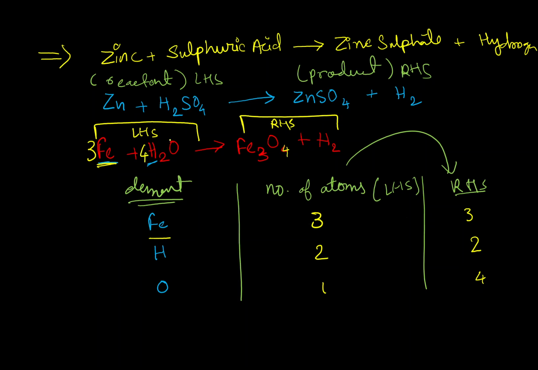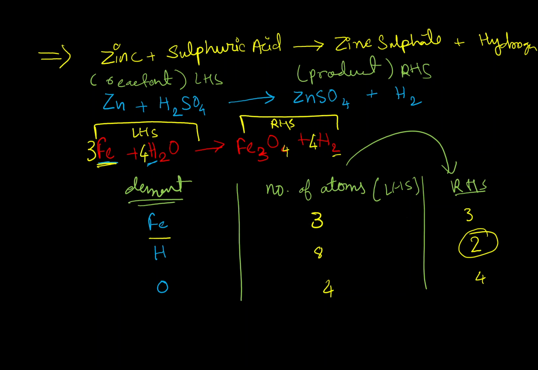Now the problem is we get 8 hydrogens in the LHS, while our oxygens are balanced. Now again we have a problem with the hydrogens on the RHS. In the RHS we have 2, and we know 2 times 4 is 8, so we write 4 over here.